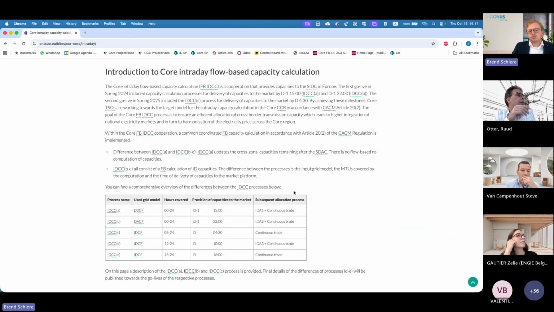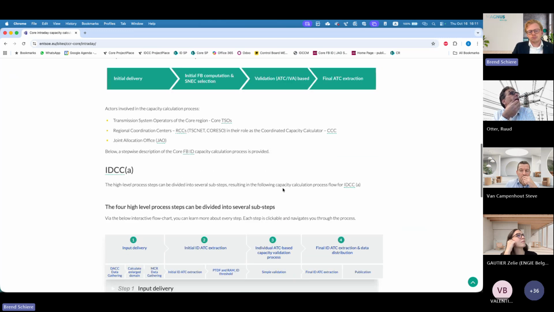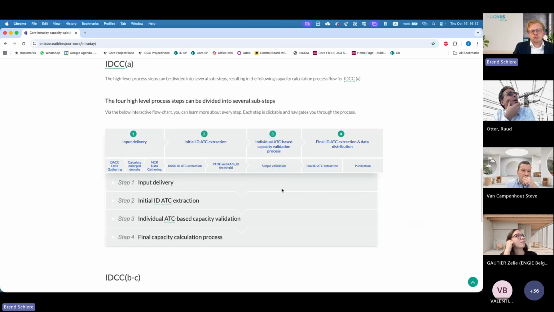And if you scroll down, you also see a description of the whole chain and what happens at what points. So you can get a grasp of what the details of these processes are.